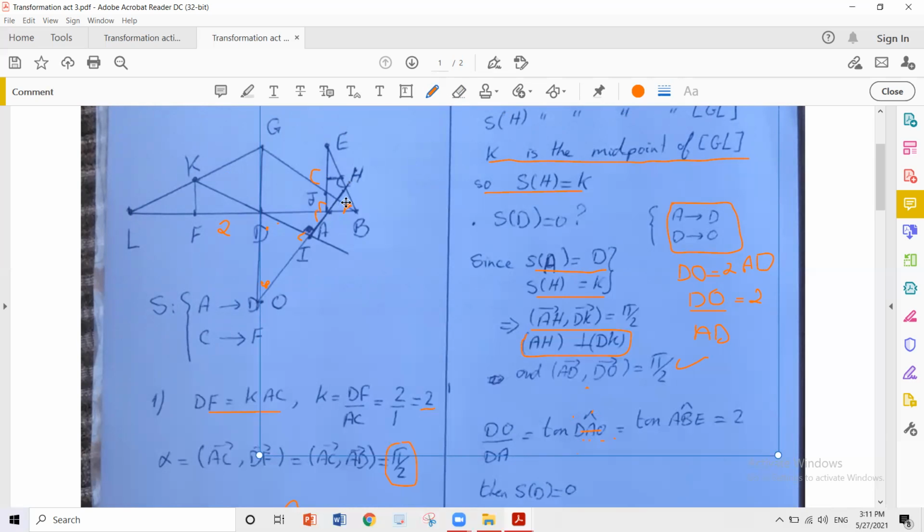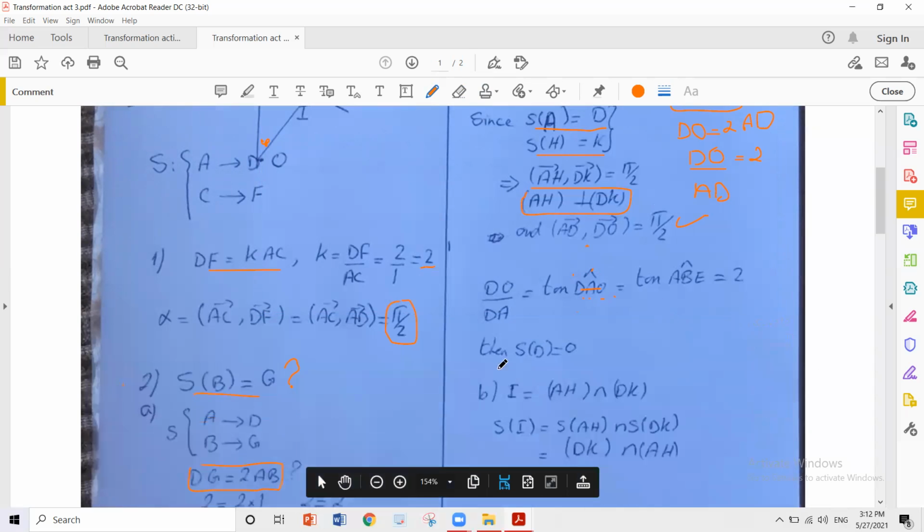Yes? This angle and that angle. Tangent of this angle equals opposite over adjacent, which is 2. So S of D equals O.